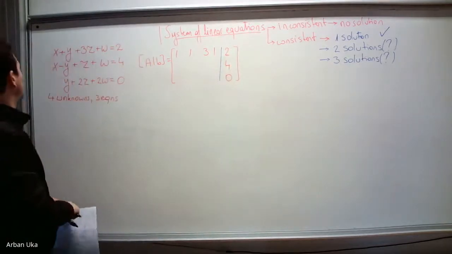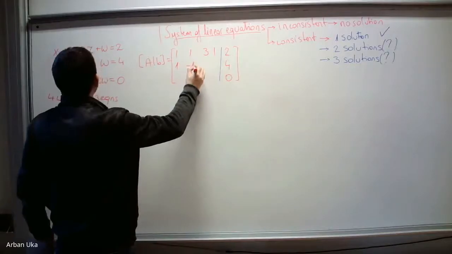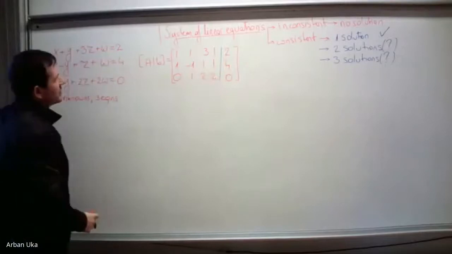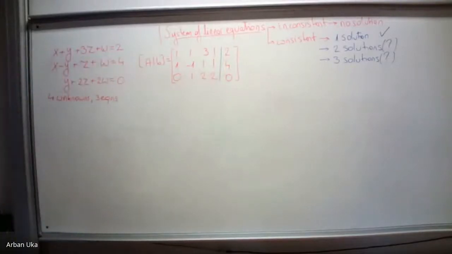And then we have 1 minus 1, 1, 1. 1 minus 1, 1, 1. And then 0, 1. Okay, this is what we get for the augmented matrix.